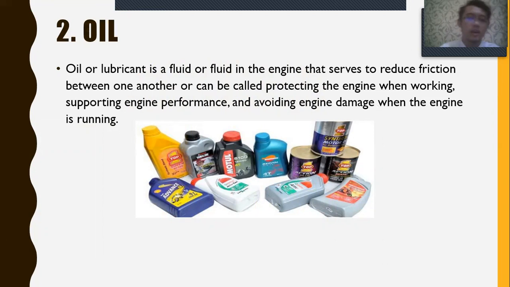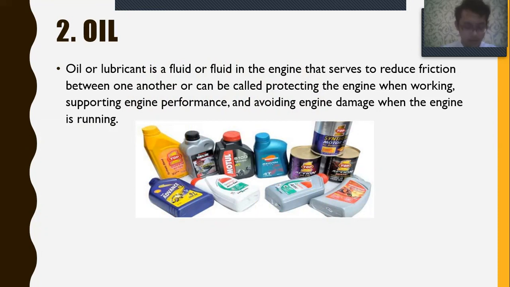Okay, oil has three types. The first is mineral oil, second is semi-synthetic oil, and third is full synthetic oil. Mineral oil is fresh oil from petroleum without chemically mixed material.